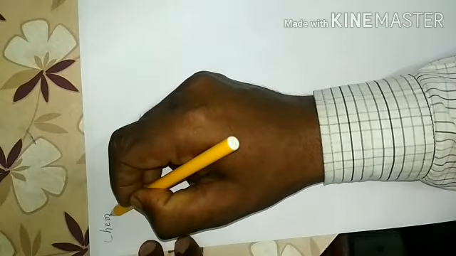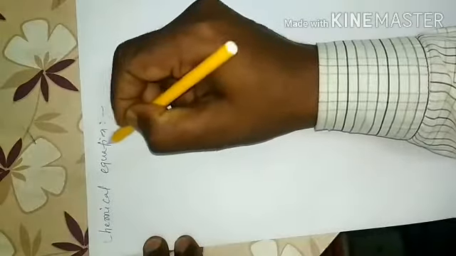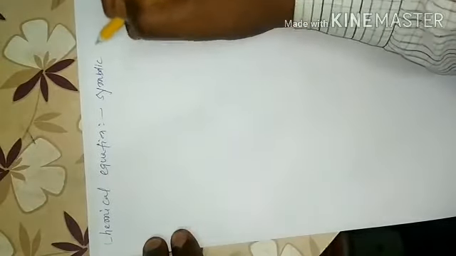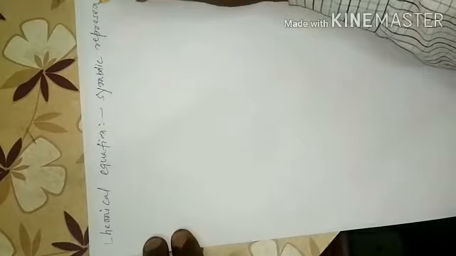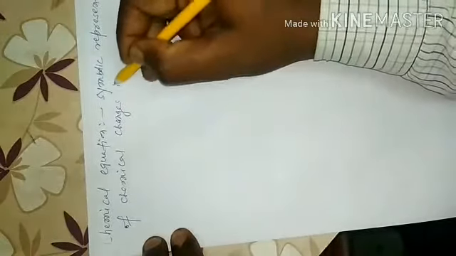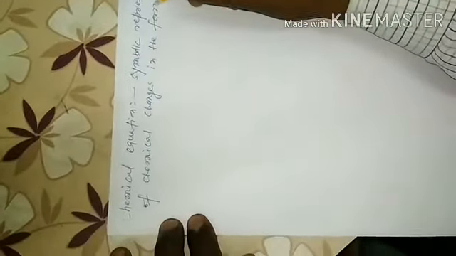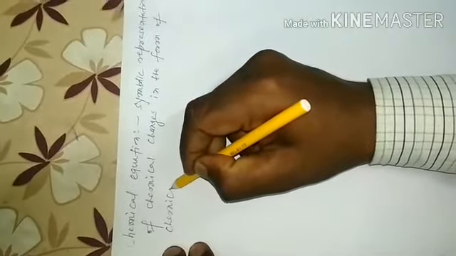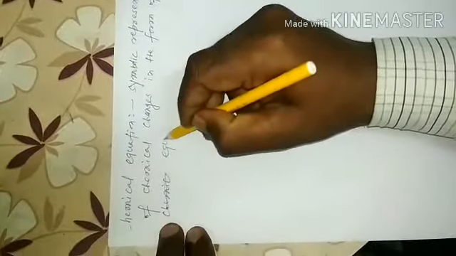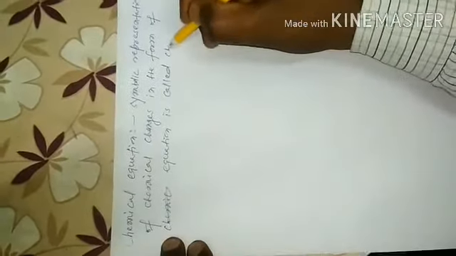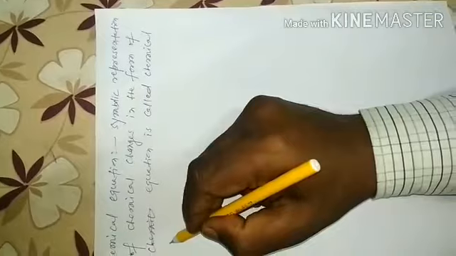Chemical equation: symbolic representation of chemical changes in the form of equation. Equation is called chemical equation.